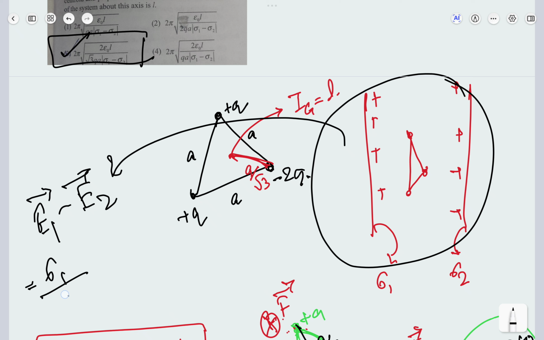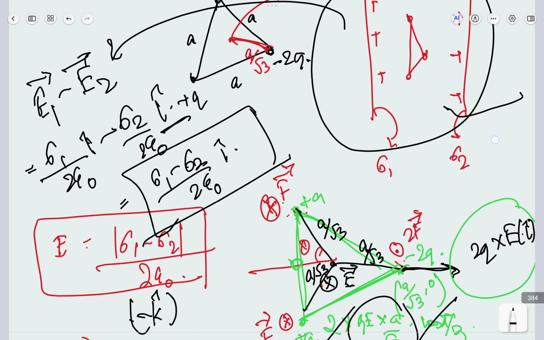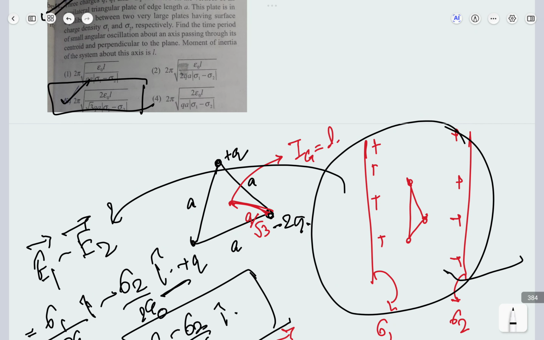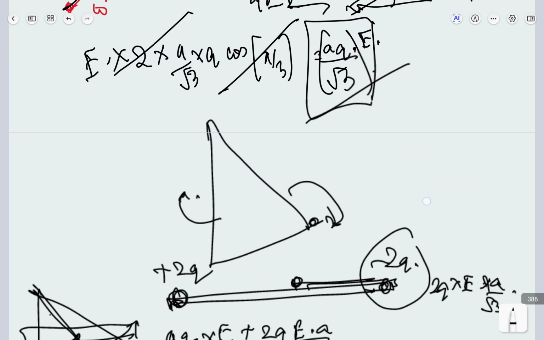So sigma 1 by 2 epsilon naught i cap minus sigma 2 by 2 epsilon naught i cap, minus because it would be minus i cap, and you would have sigma 1 minus sigma 2 by 2 epsilon naught i cap. But I don't know which side is more electron dense, so I would just apply a mod. I don't actually know which side it would make the oscillations. So yeah, that is the question.